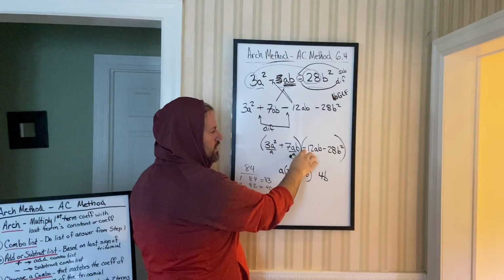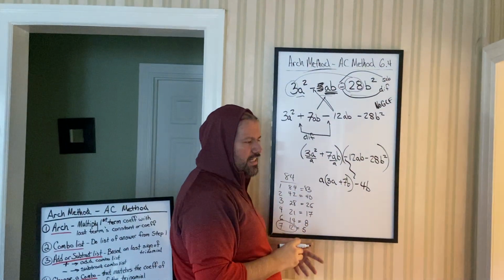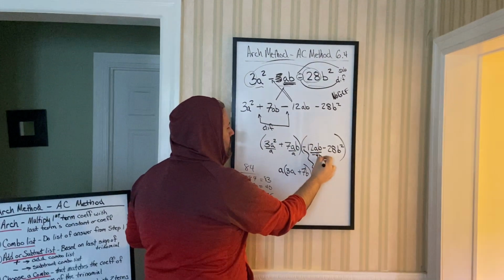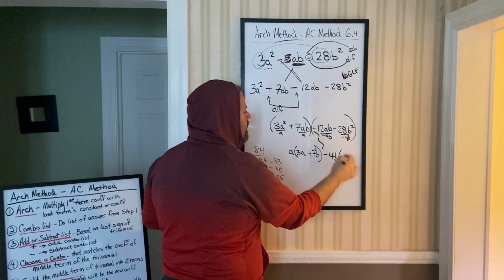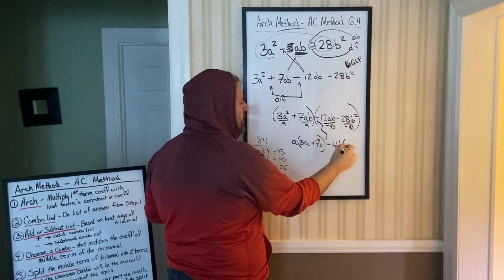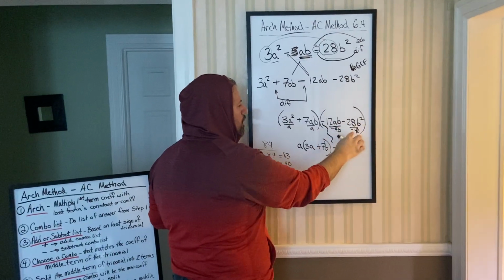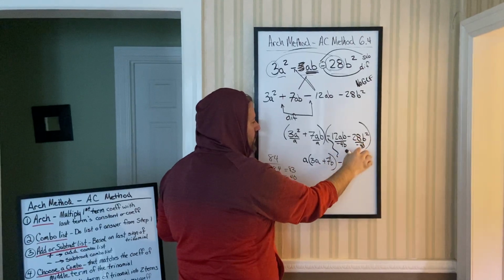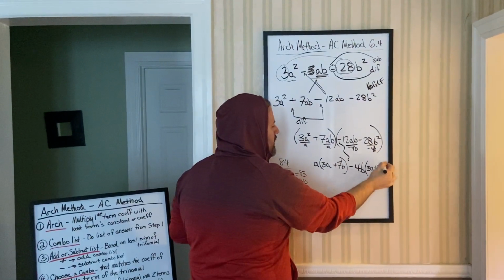And it starts as a negative. So then you're going to take out a negative 4B. When you take out a negative 4B, you can see that we're going to have positive 3A, and here positive 7, number 28 divided by 4 is 7. B squared over B is B.